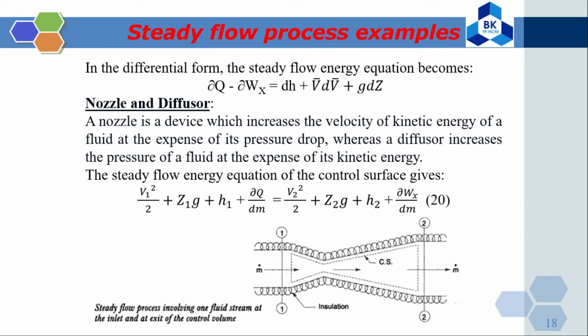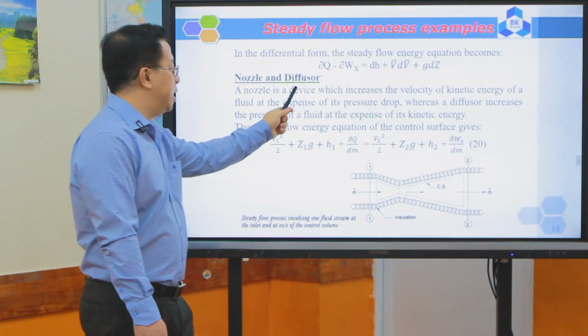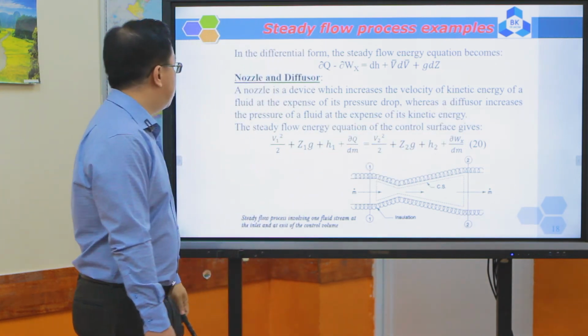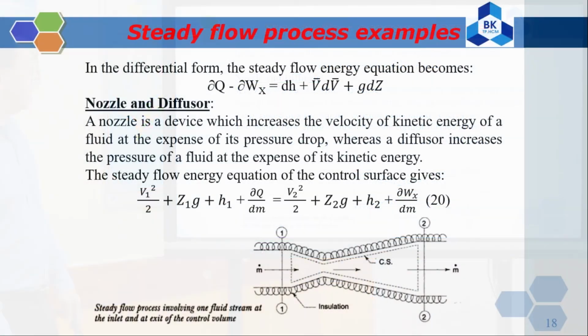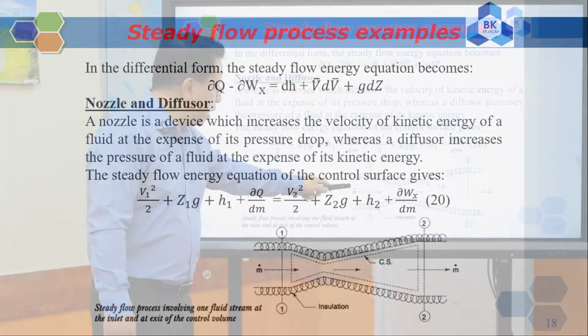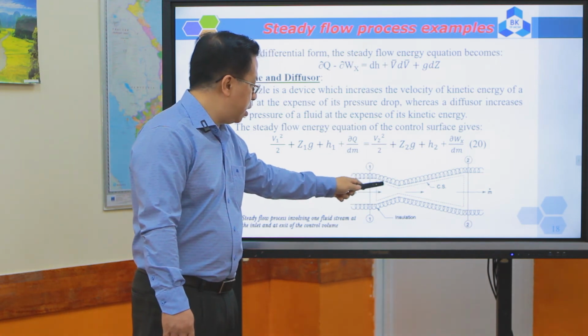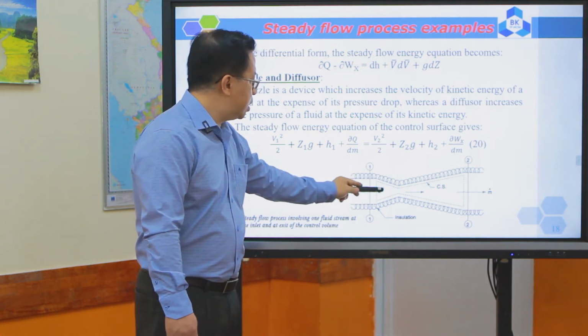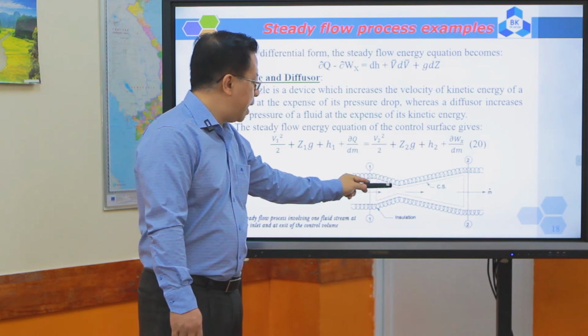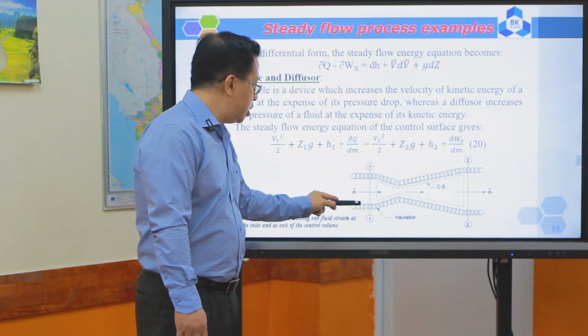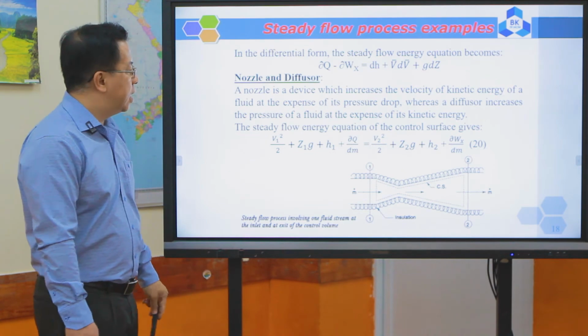Okay, so we apply the first law of thermodynamics to the nozzle and the diffuser. What is a nozzle? A nozzle is a device which increases the velocity, the kinetic energy, of a fluid at the expense of its pressure drop. In other words, when the flow goes into the nozzle, the pressure will drop, the energy will be transferred into kinetic energy, and the velocity will increase.